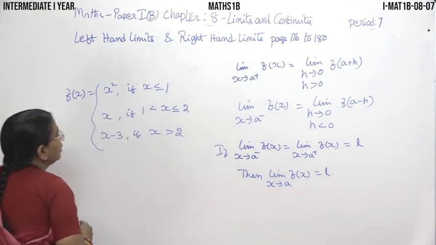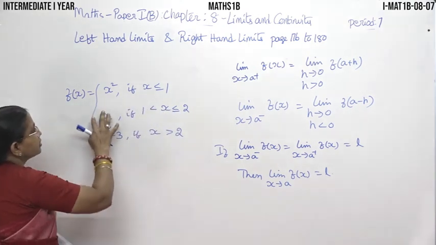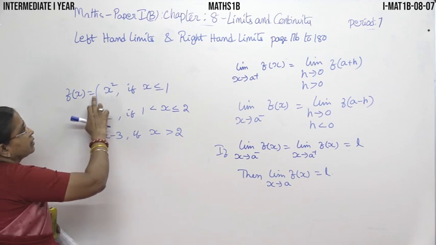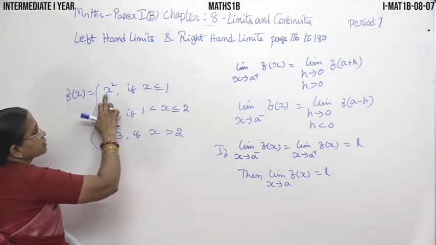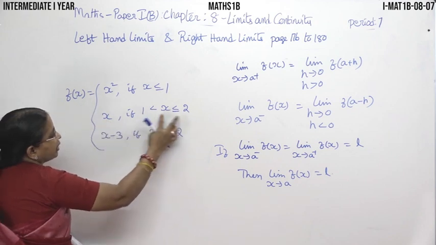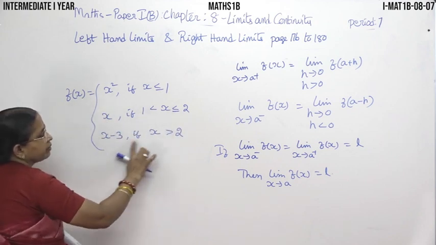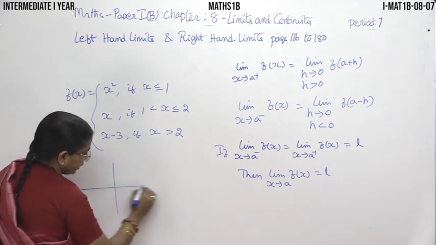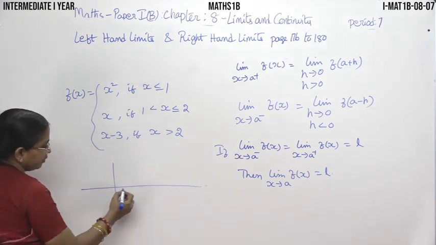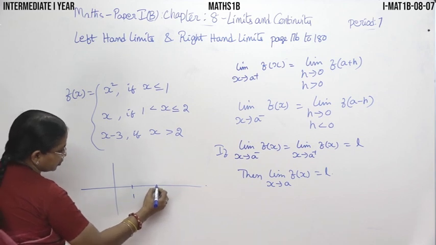Now we'll come across some problems, some functions like this. When x is less than or equal to 1, the function is x square. When it is between 1 and 2, it is x. When it is greater than 2, it is x minus 3. So when you take the graph, suppose this is 1 and this is 2.